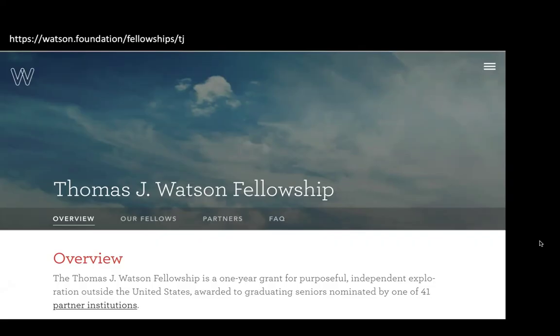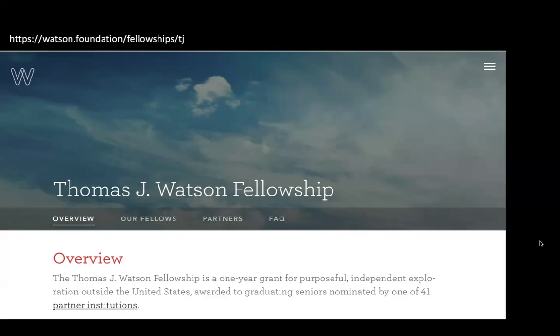So this gives me another opportunity to tell you what the Watson Fellowship is about. It's the brainchild of Thomas Watson, who was the founder of IBM. And his idea was that you need to explore whatever you're passionate about. You need this opportunity to do it over a good chunk of time before really going to grad school or entering the work world.